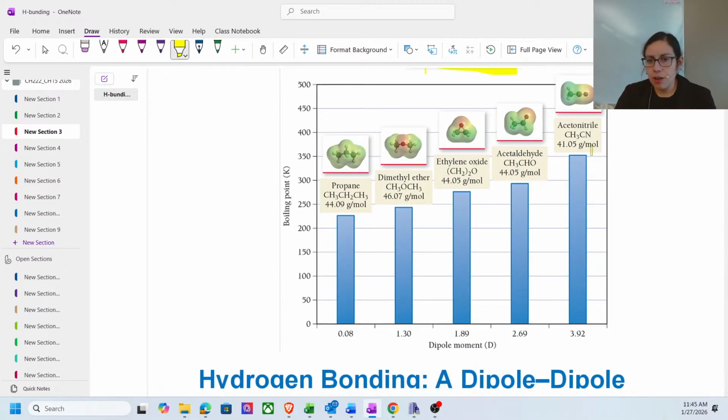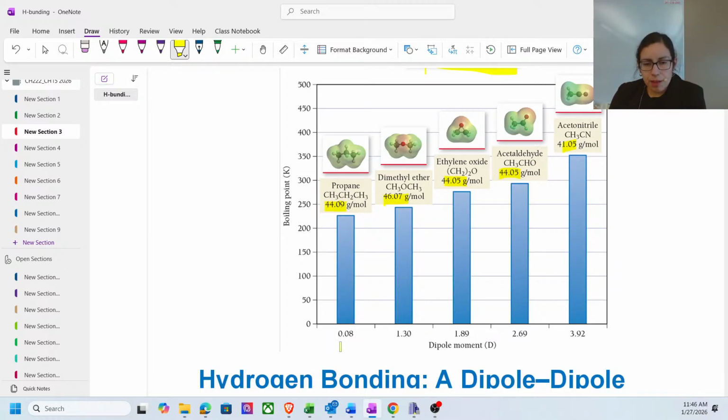And so if we look at our chart that's shown here, these compounds are selected since they all have relatively similar masses, of around 44-ish roughly. And then we can, again, appreciate, we're starting at our nonpolar propane.